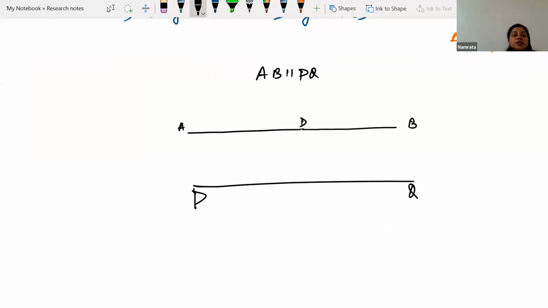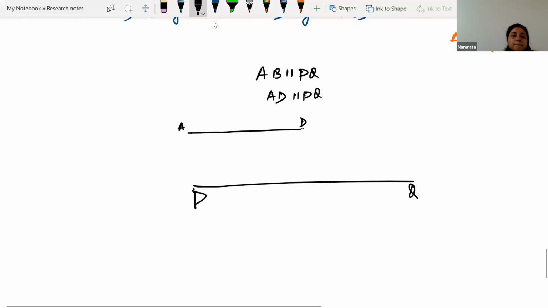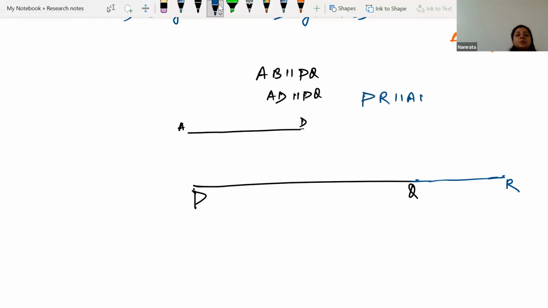Now, even if you remove some part of AB, just like this, still AD will be parallel to PQ. Now, if you extend this PQ, just like this, and give it the name R, still PR will be parallel to AD.